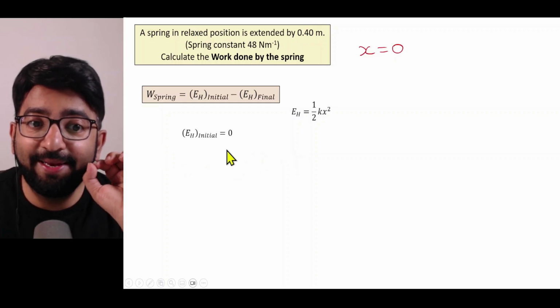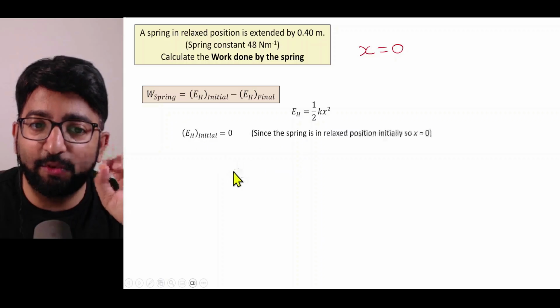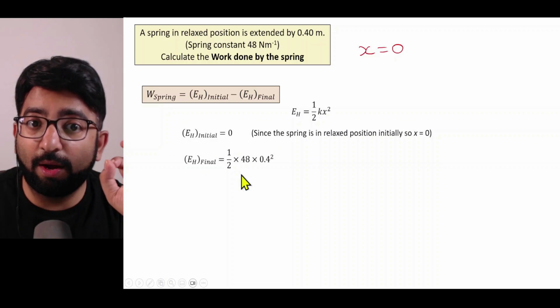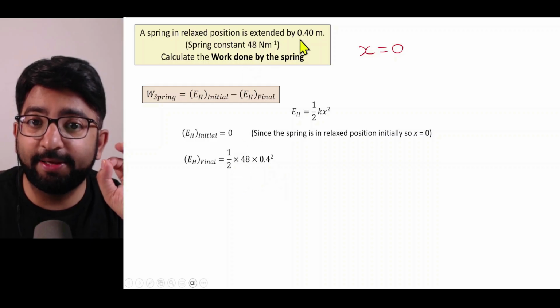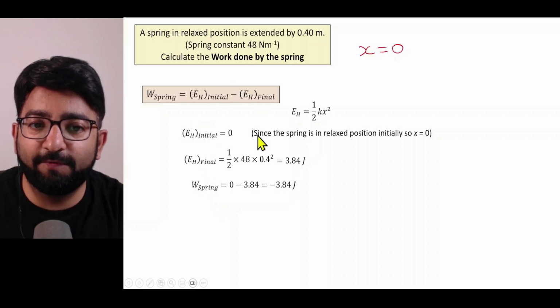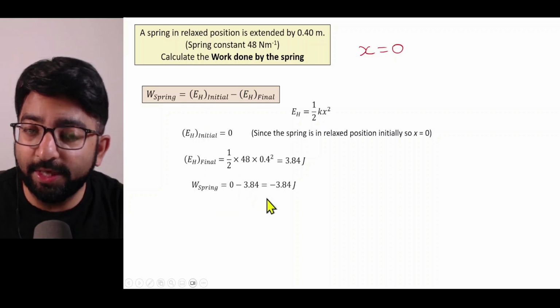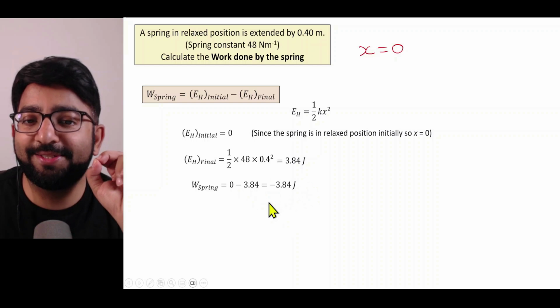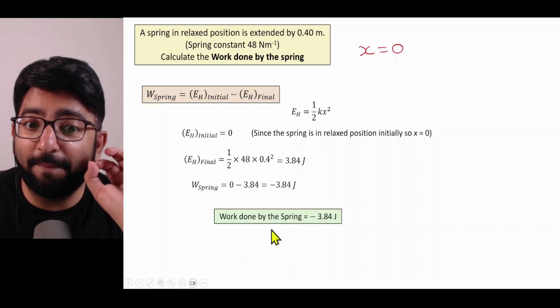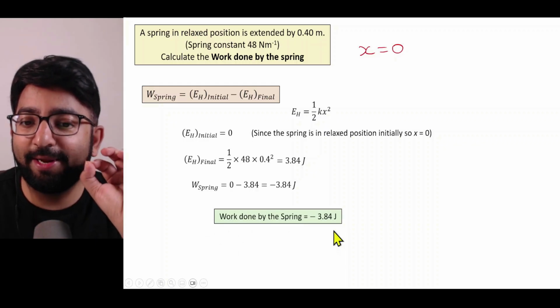So here we go. Initial potential energy is 0 since the spring is in the relaxed position. Finally, we use half kx square, where k is 48 and x is 0.4. And then we just subtract initial minus final. So we'll get 0 minus 3.84, which comes out as negative 3.84 joules. Hence, we can say work done by the spring will be negative 3.84 joules.